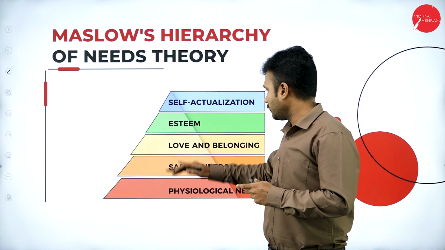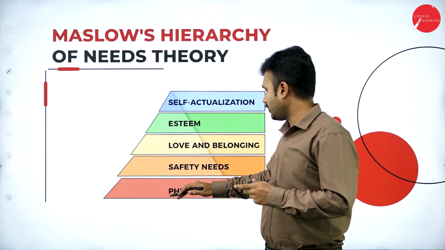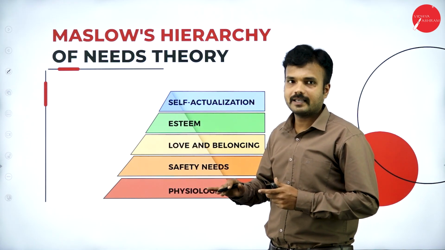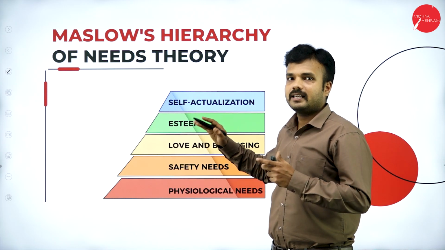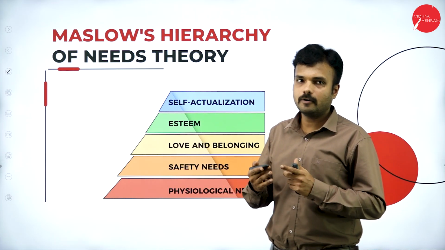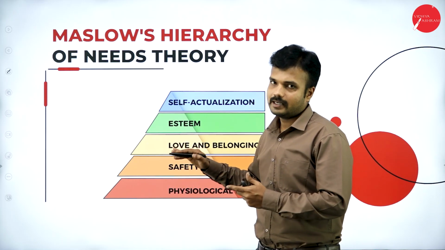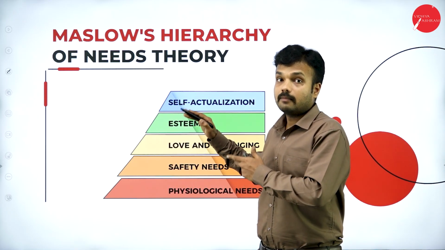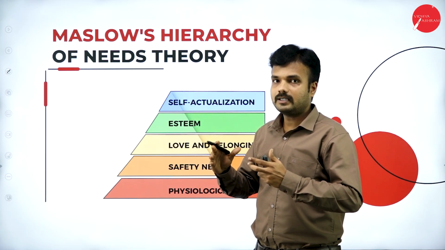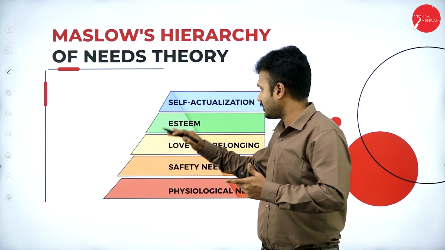After fulfilling all the requirements, psychological requirements, job security, and love and belongingness, esteem need means he wants some recognition in the society. He wants some reputation, a name and fame in society. That is esteem need.